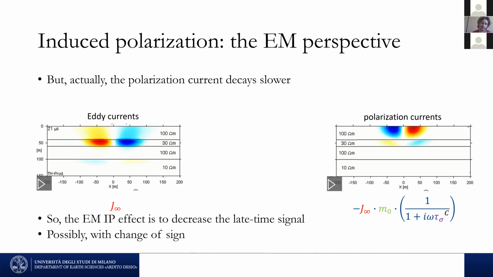So somehow, for EM measurements, this polarization phenomenon means that whenever eddy currents start to flow in our ground, there will be polarization current that flows in the opposite direction. And these polarization currents decay slower. So while our eddy currents go deeper in the ground, the polarization currents are still in a layer that is probably above.